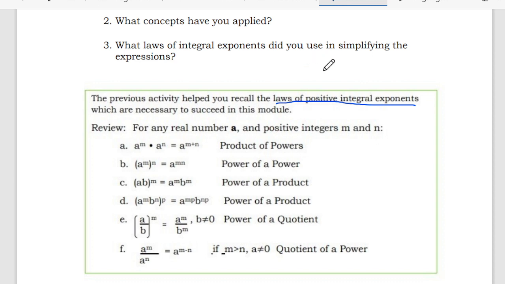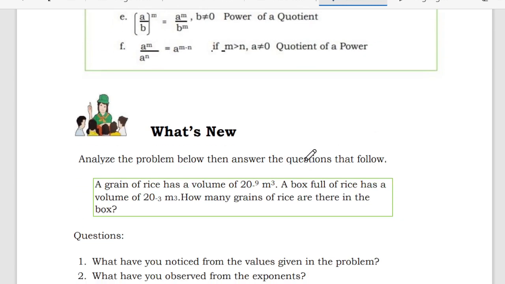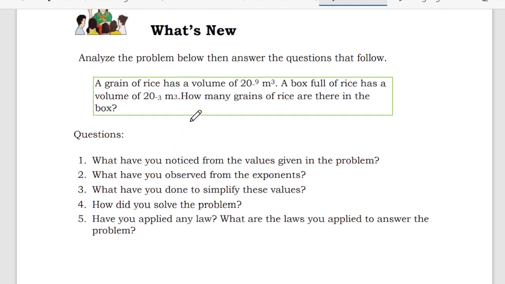These are the laws of the positive integral exponents. Then we have here, What's New? Analyze the problem below, then answer the questions that follow. A grain of rice has a volume of 20 raised to 9 times m raised to 3.